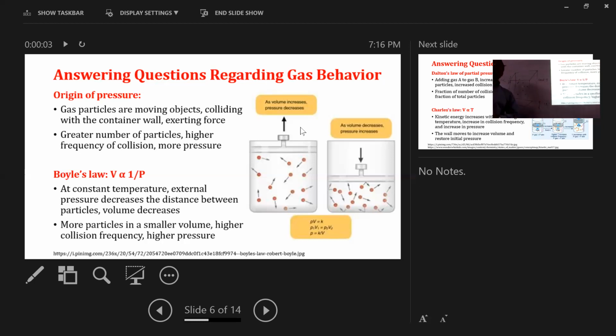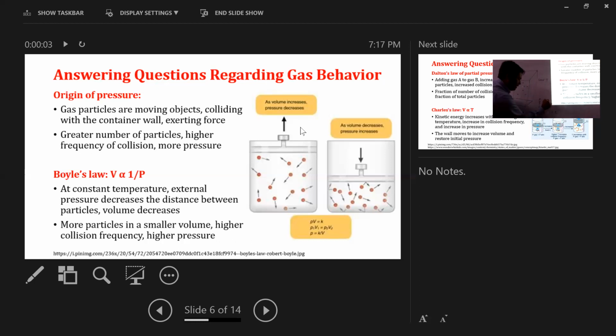But if you have one molecule of A and 2 molecules of B, in that case, what is the possibility of having collision? Yes, it should be 1 into 2. That means this A molecule can collide with this B and that B. So the possibility of collision is increasing.